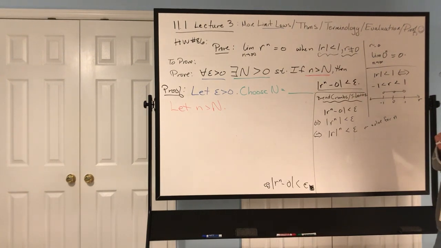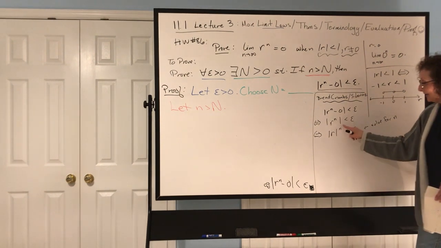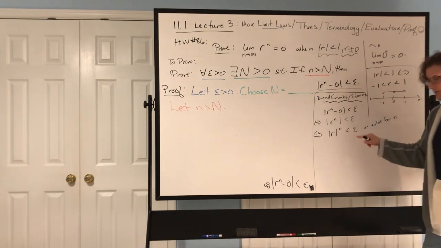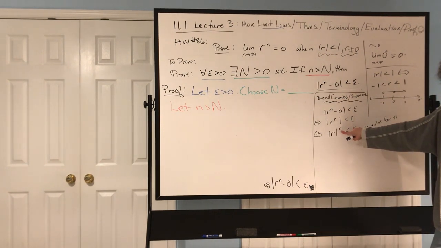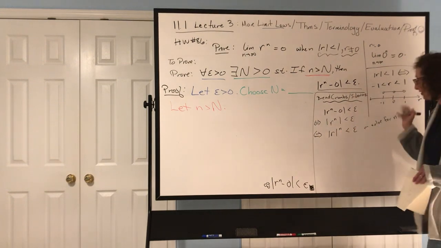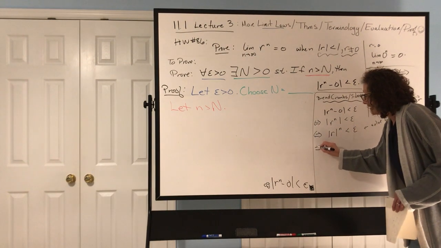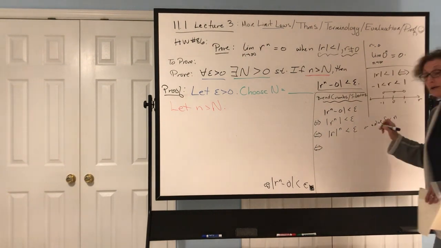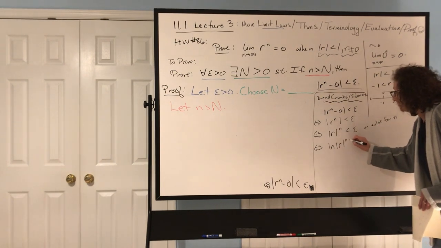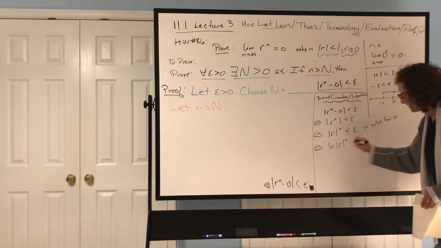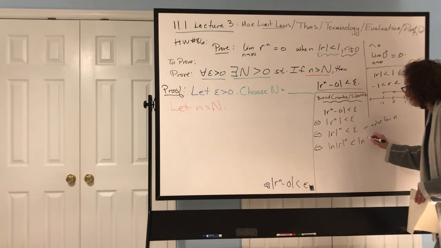How am I going to solve this for little n? What do I need to use to get something out of an exponent? Good, I take the natural log of both sides. The natural log of the absolute value of r to the n, if we do that to this side, we have to do it to this side, is less than the natural log of epsilon.